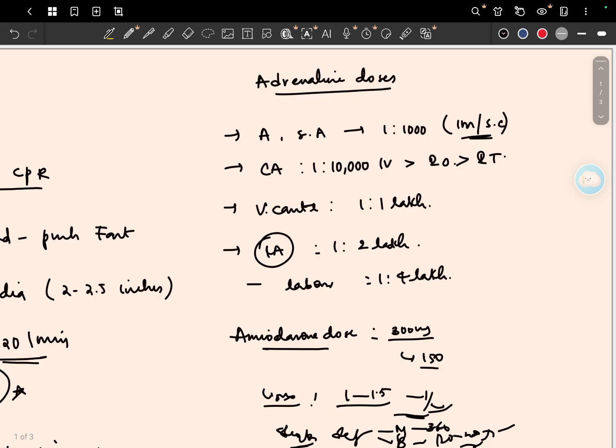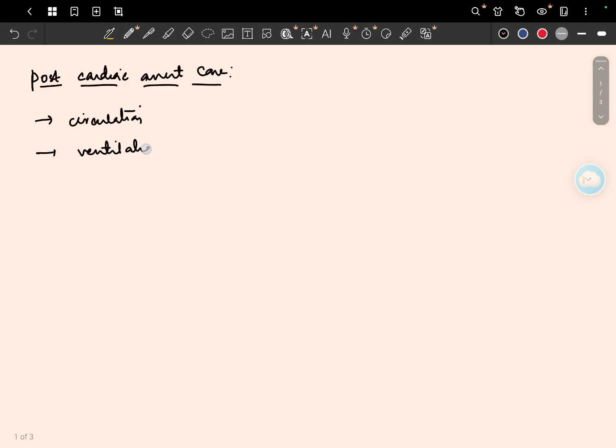Now we'll be talking about post cardiac arrest care. First, we will have to optimize the circulation. Then we will have to optimize ventilation.